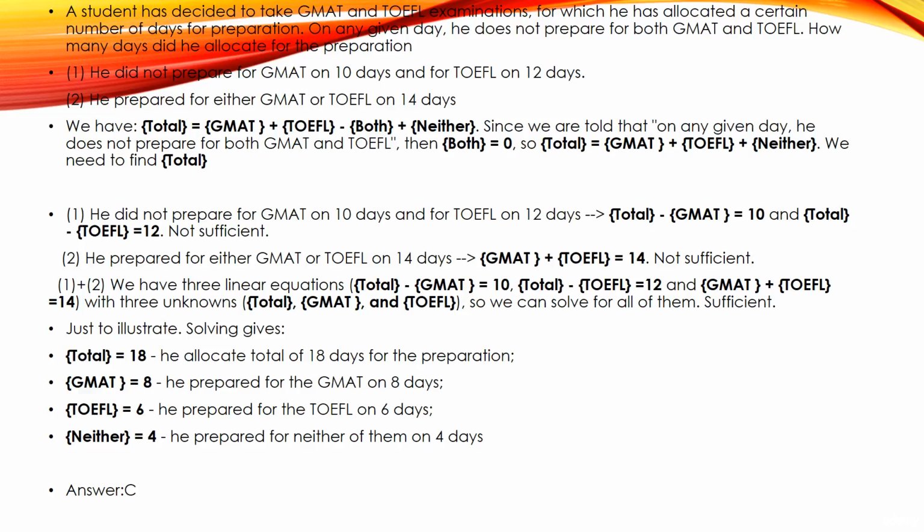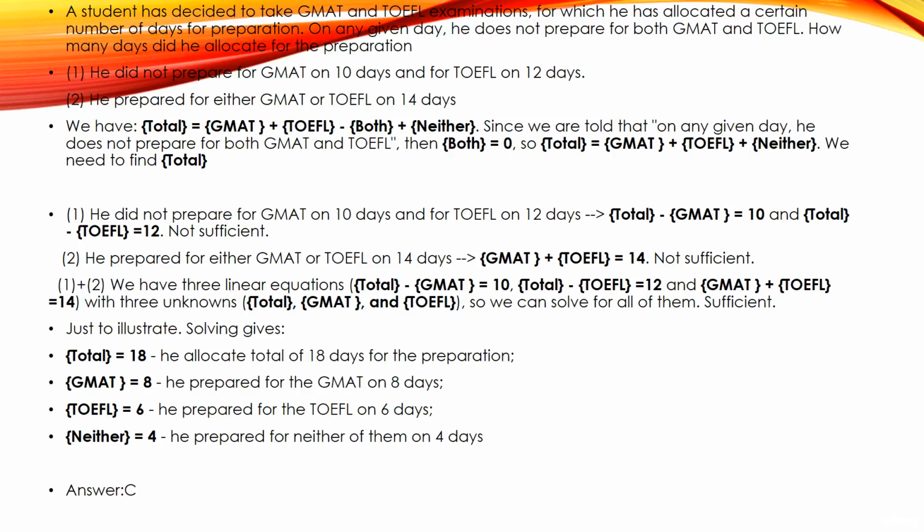We have total is equal to GMAT plus TOEFL minus both plus neither. Since we are told that on any given day he does not prepare for both GMAT and TOEFL, then both is equal to 0. So total is equal to GMAT plus TOEFL plus neither. We find total.